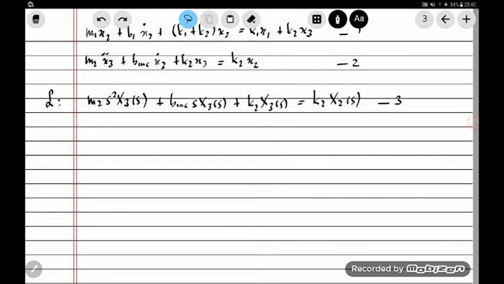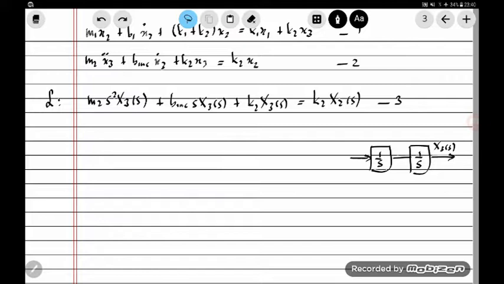Let's start on the right hand side here. So I'm going to draw 2 integrator blocks, 1 over s, 1 over s. I'm going to label this signal x3 of s.